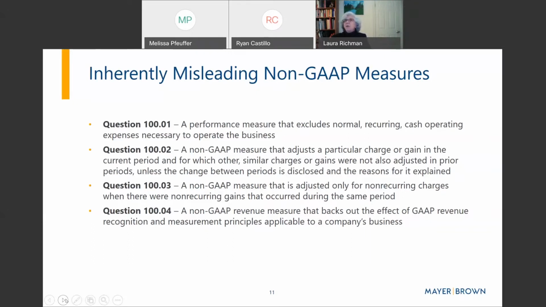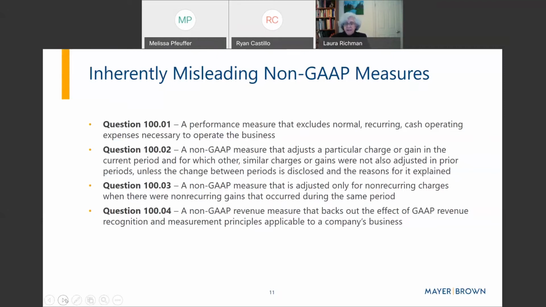Or if you adjust only for non-recurring charges and don't also disclose non-recurring gains in the same period, and also a revenue measure that backs out the effect of GAAP revenue recognition.